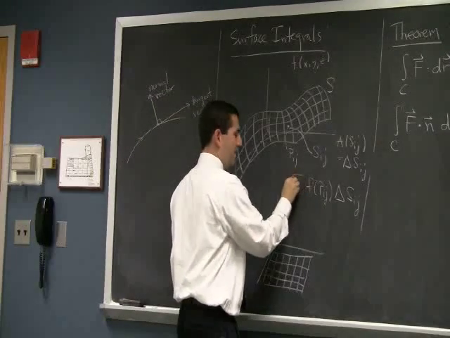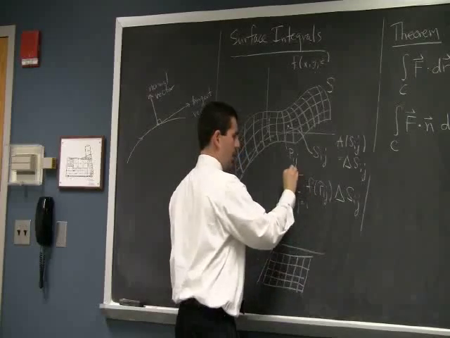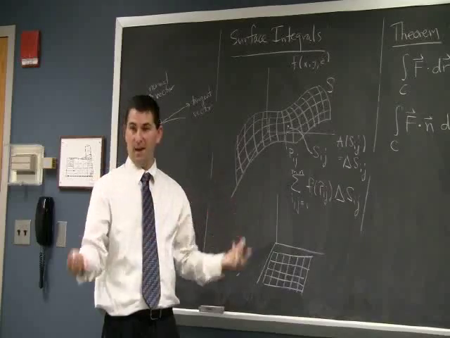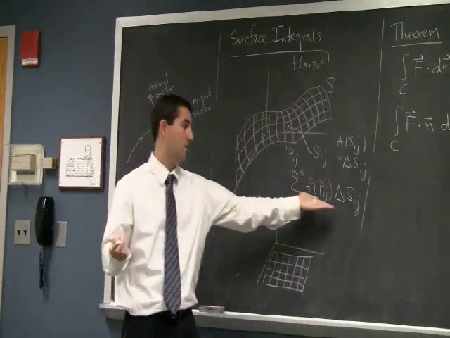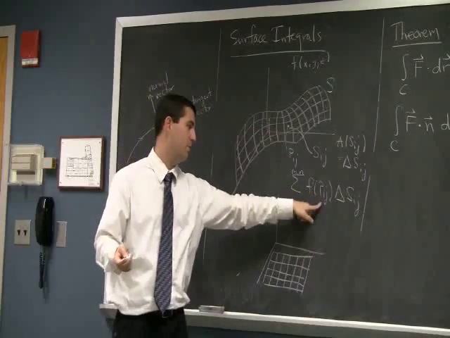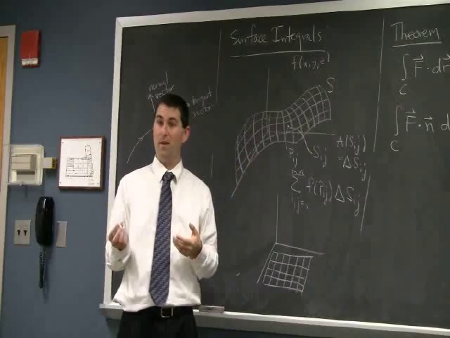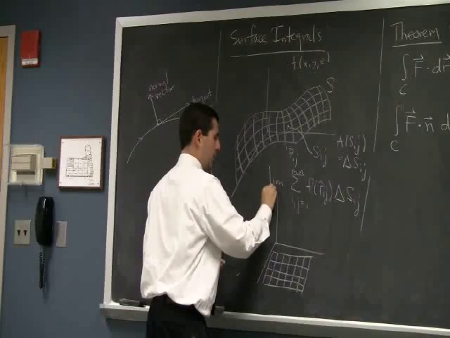And then I'm going to add this up over all i and j, say 1 to m and n. And that will give me my equivalent of a Riemann sum. Remember, we always did this when we were defining integrals. You choose a point, you evaluate the function at the point, and then multiply by the area or the length or whatever. And then you take the limit as m and n go to infinity.